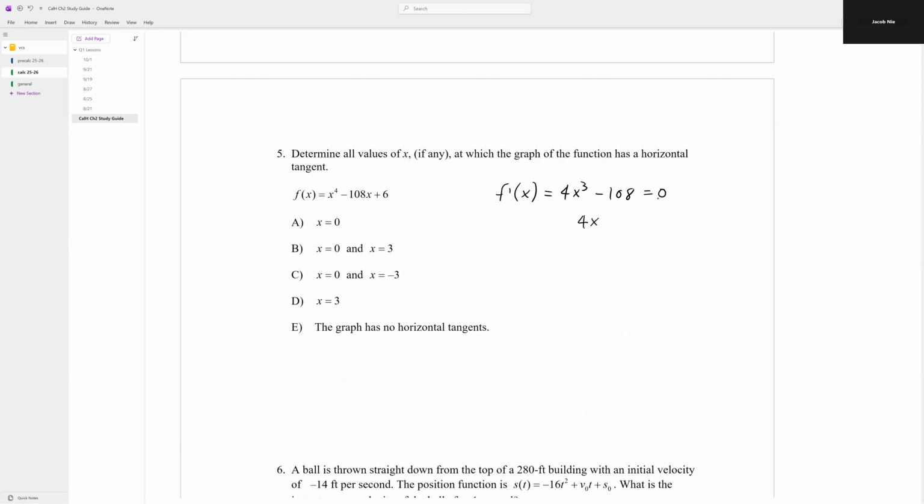So that means 4x cubed is equal to 108, or x cubed equals 27. And so that means x equals 3. That's the only value of x such that the derivative is equal to 0.